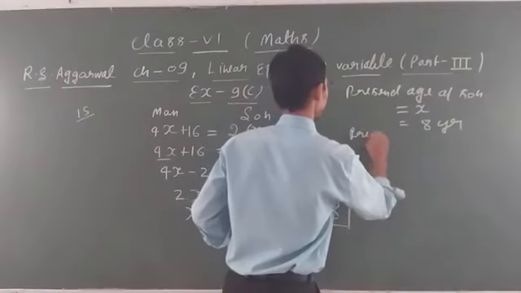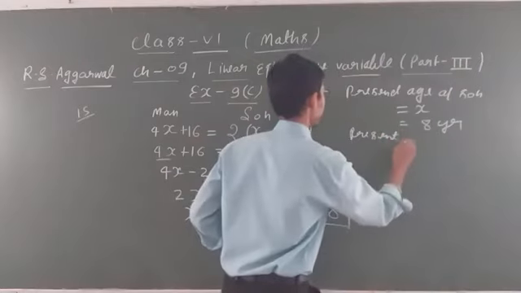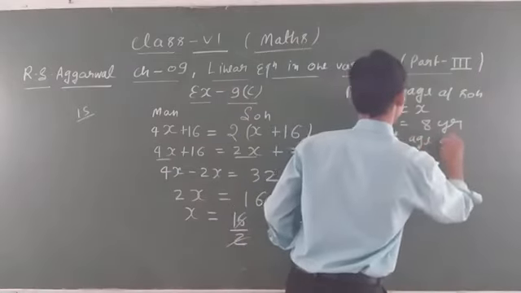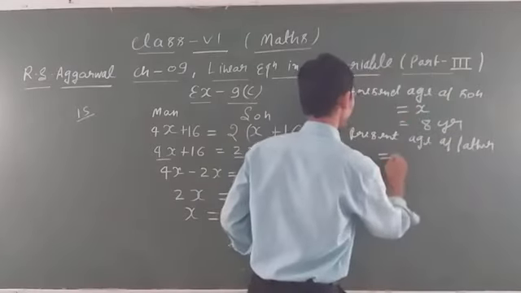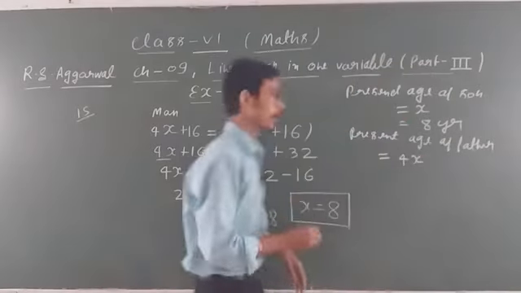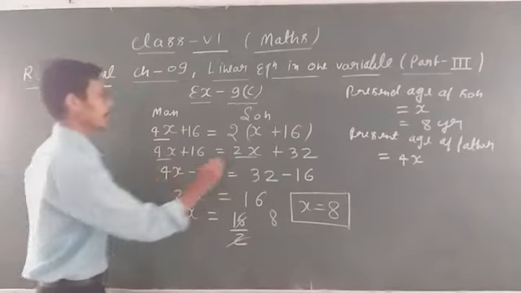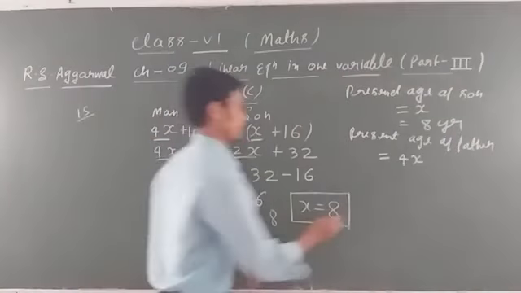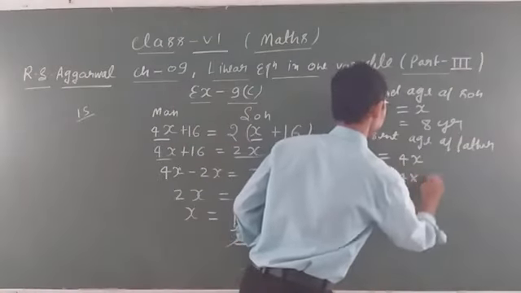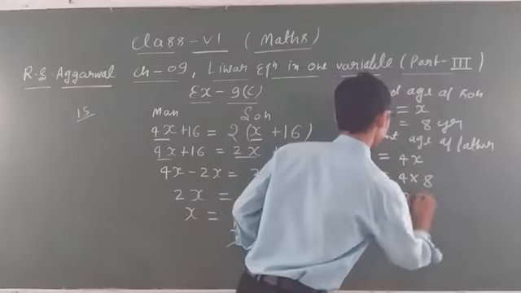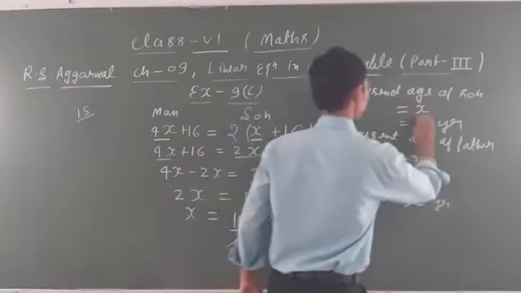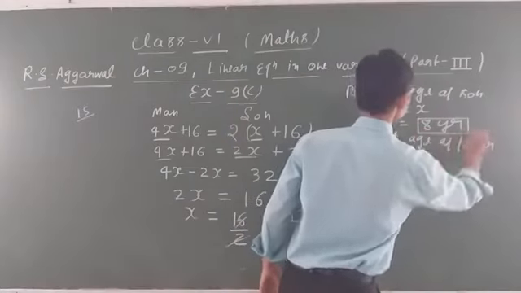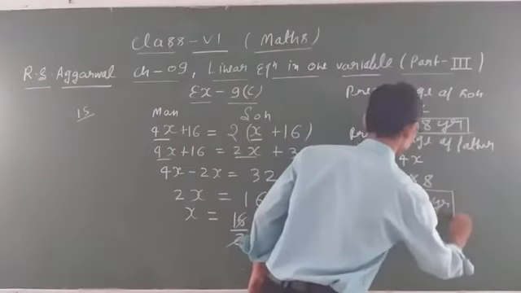So the present age of father equal to 4x, because here you wrote 4x and here you assumed x. So 4 multiplied by 8 is equal to 32 years. So this is the present age of son and this is the present age of father.